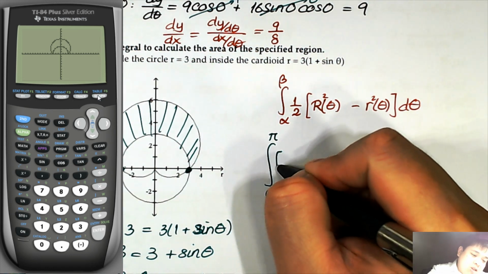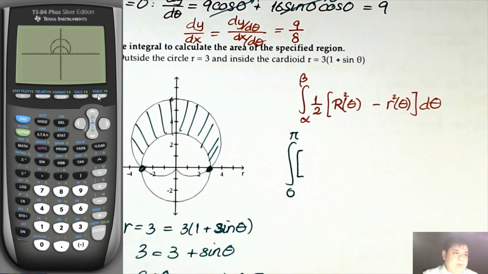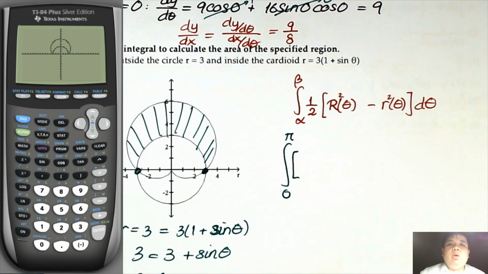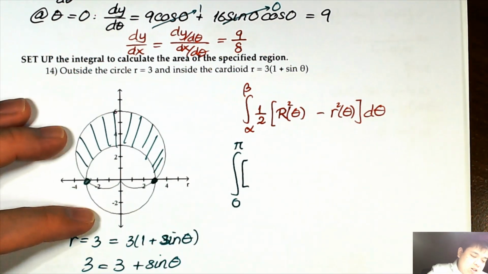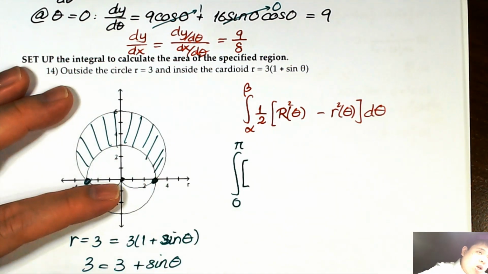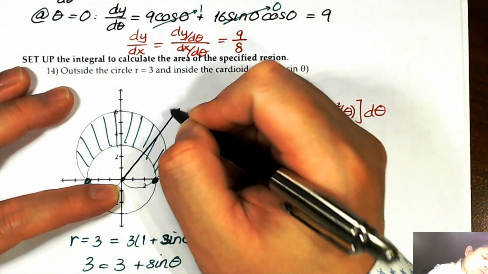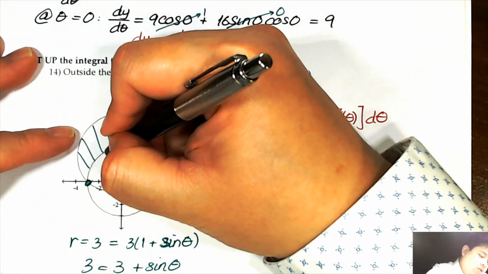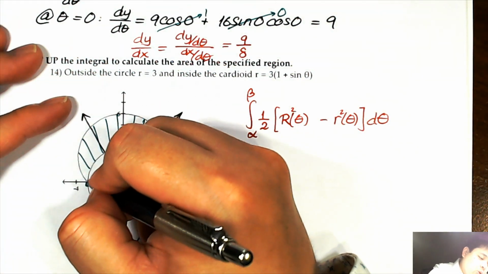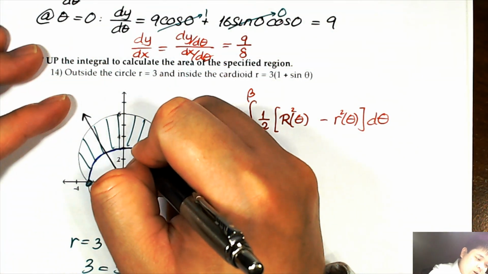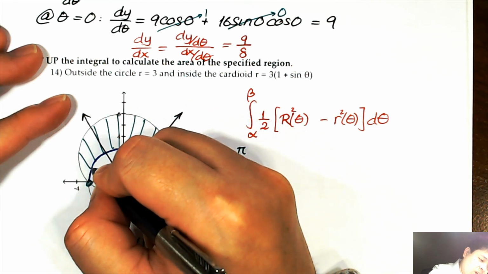Next, the outside function: the big function minus the little function. From the graph, the perspective is from the center, looking outside in every direction. When we do that, the first function we see is the part of the circle, so that is the little r, the little function.